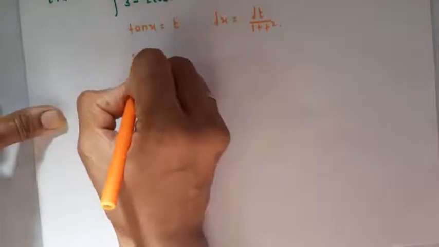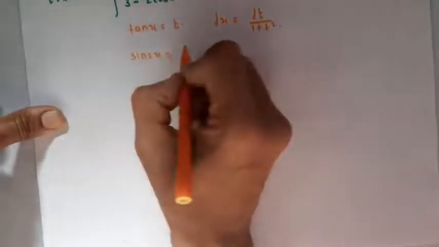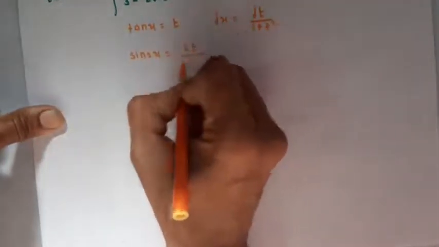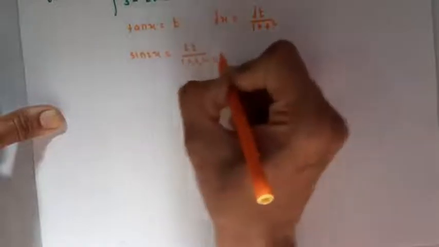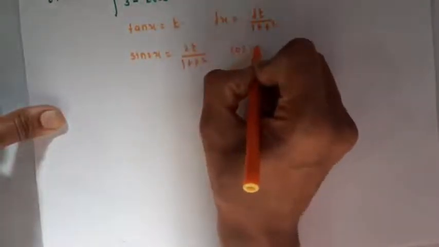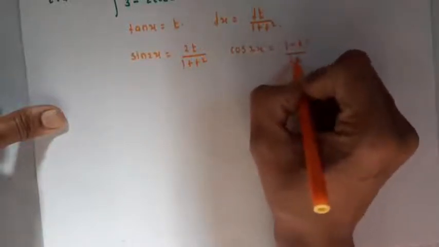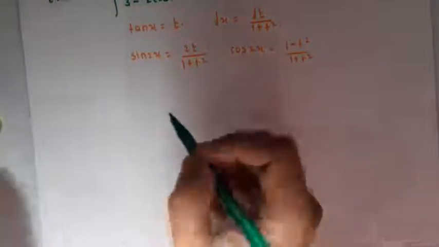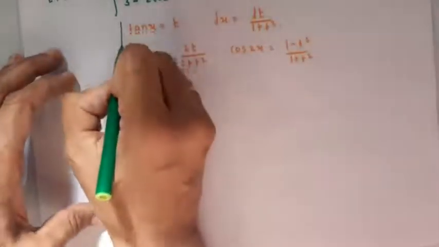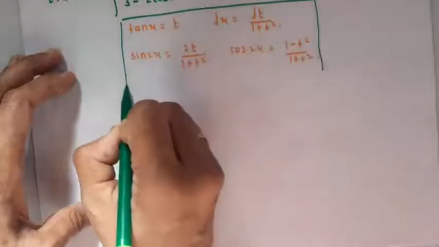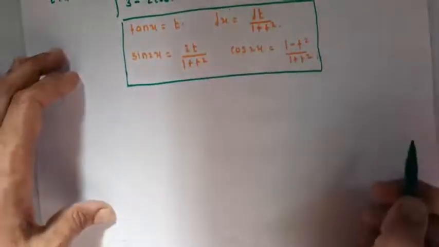Then sin of 2x equal to 2t upon 1 plus t square, and cos of 2x equal to 1 minus t square upon 1 plus t square. By using all these values, we have to simplify the above integral so that it becomes easily integrable.